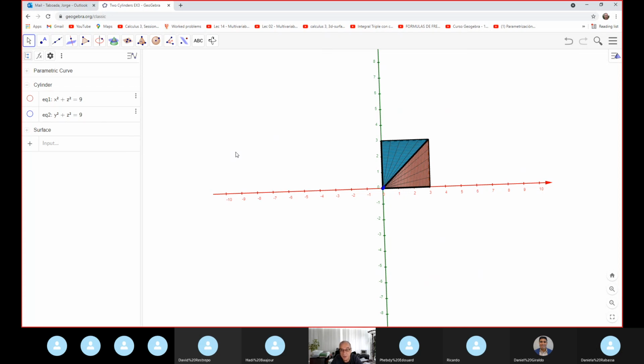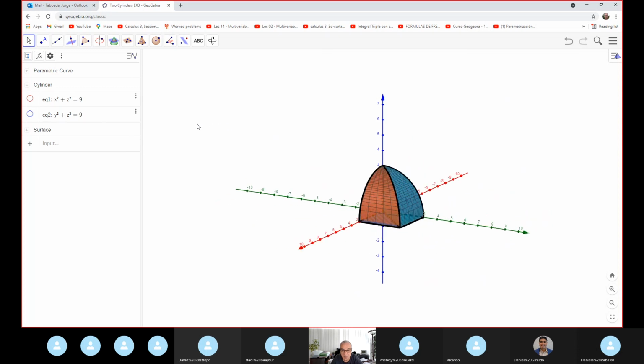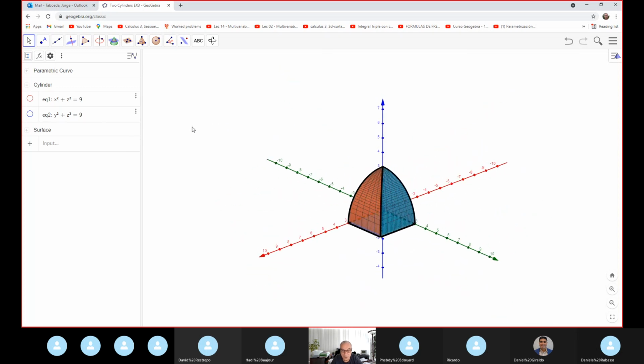This is a square, and the size is 3 because the radius is 3. Do you see or no? I need to compute the volume of this guy. Good.